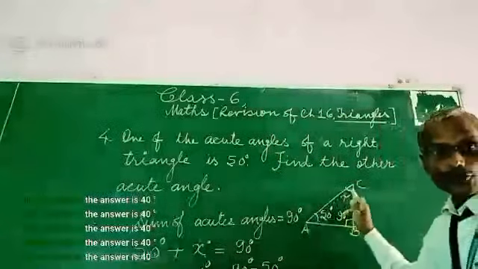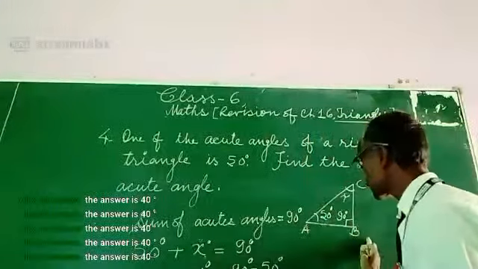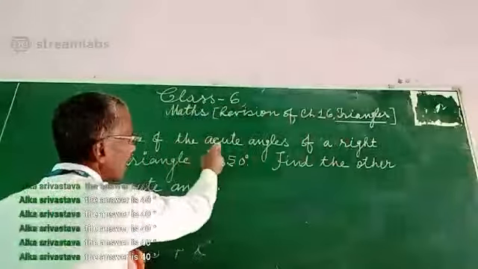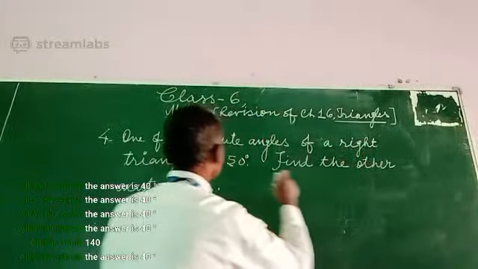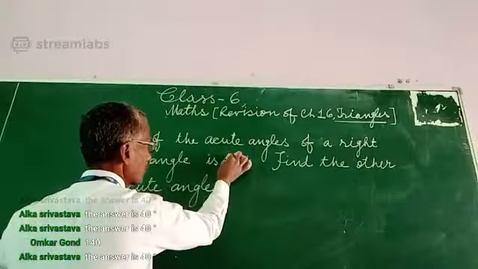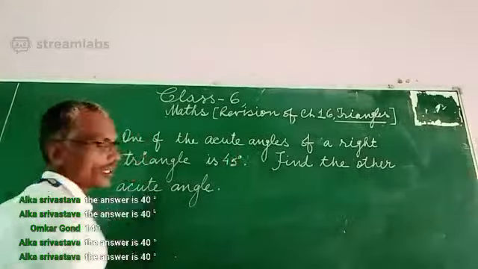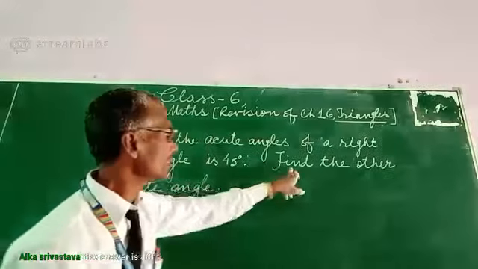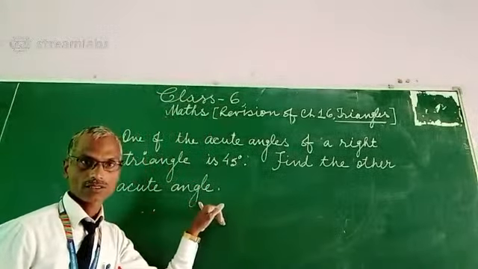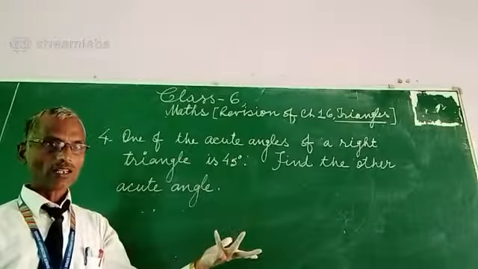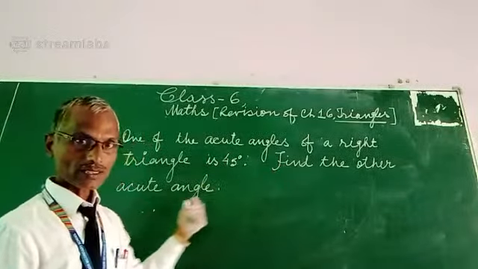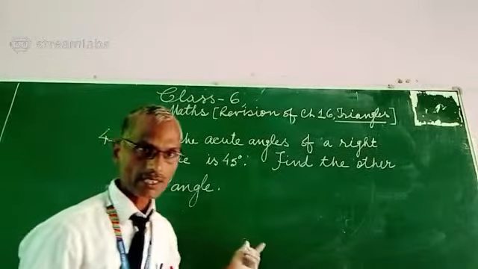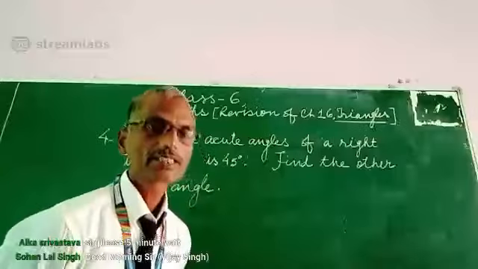Since the sum of acute angles in a right angle triangle is 90 degrees, let us suppose we are given that one of the acute angles of a right angle triangle is 45 degrees. Find the other acute angle. Can you solve it? It's very simple. The sum of acute angles is equal to 90 degrees.